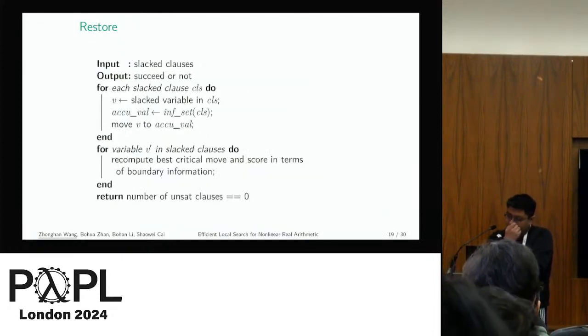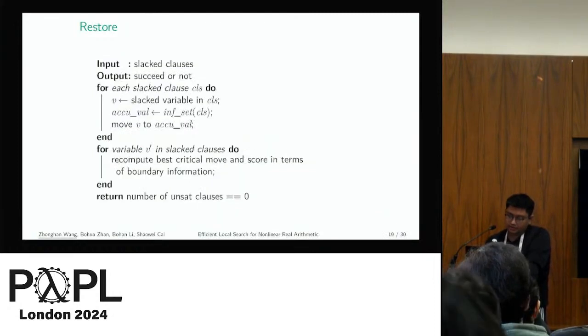The next algorithm is about restore. Restore means how we can get the accurate value for some variables to get the final correct answer. If we have some select clauses, we should output whether all these clauses should succeed or not. We loop all the selected clauses, and we record the selected variables in the clause, and we try to move that variable to the accurate value.